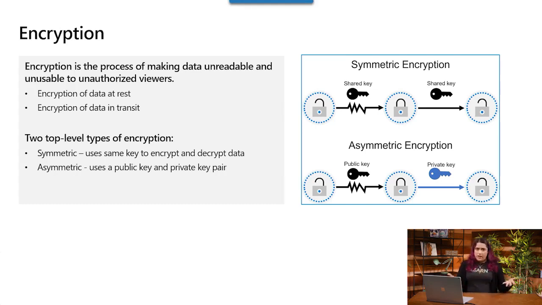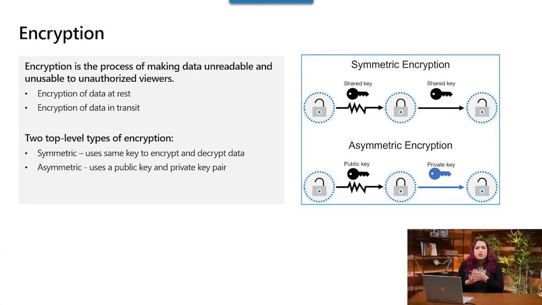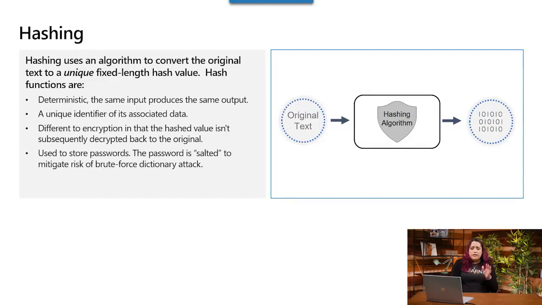So if your server was attacked, your data would be unusable without that key. Now, encryption in transit means that as your data is moving from one place to another, like if you're pulling it over your network from maybe the public internet, it's encrypted to limit the potential risk of outside exposure.